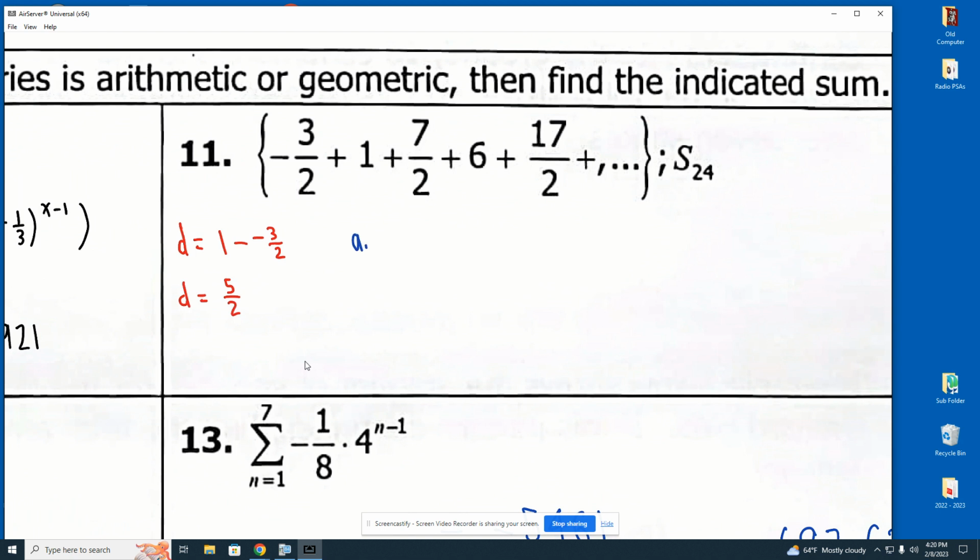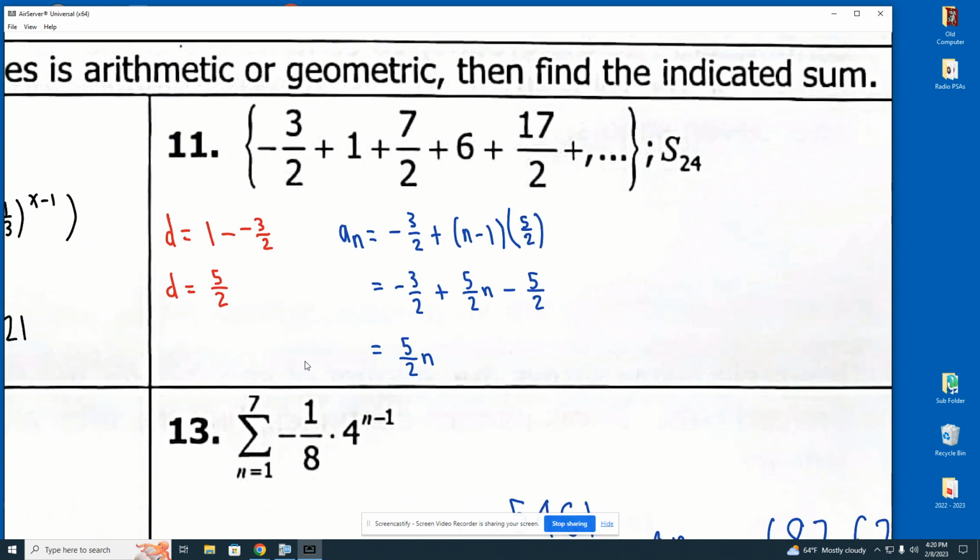So here's my equation. A sub n equals a sub 1, negative 3/2, plus n minus 1 times 5/2. So I distribute. Leave the negative 3/2 alone. 5/2 times n is positive 5/2 n. And 5/2 times negative 1 is negative 5/2. I'm going to go ahead and bring down my variable part, 5/2n. And negative 3/2 minus 5/2 is technically negative 8/2, which is negative 4.